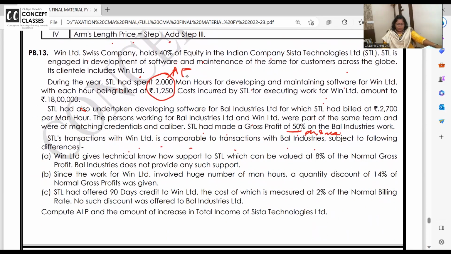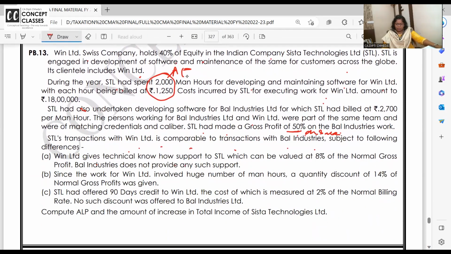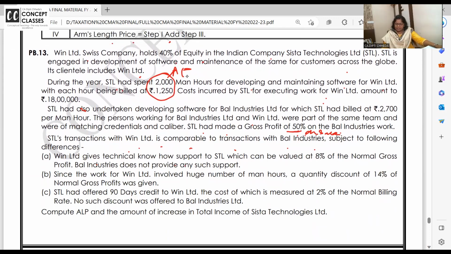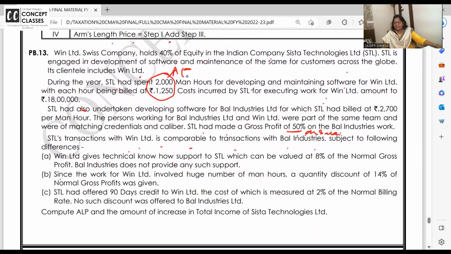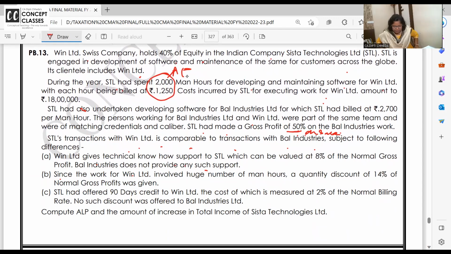Now, WIN Limited gives technological support to STL, which can be valued at 8% of the normal gross profit. BAL Industries does not provide any such support.